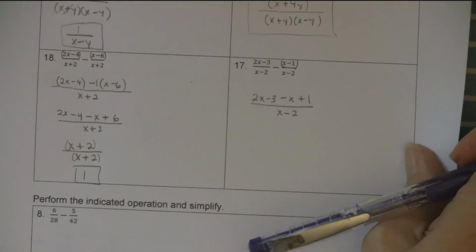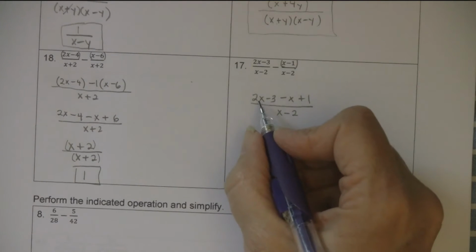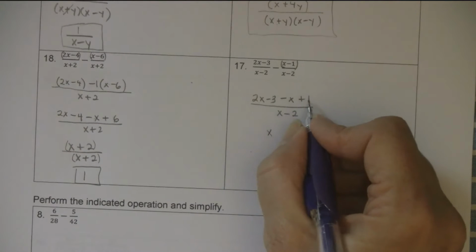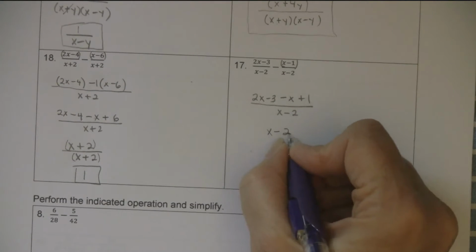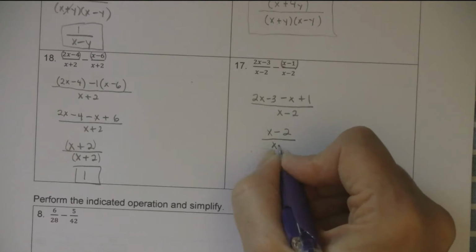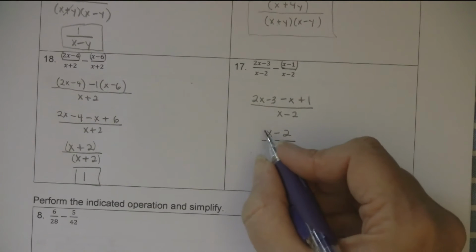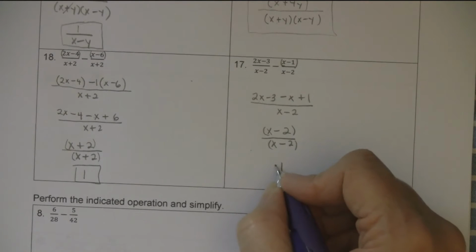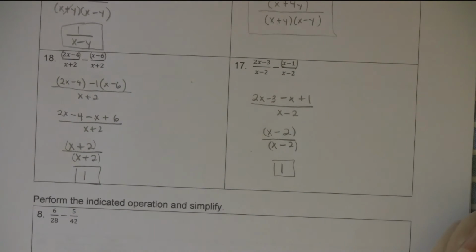Why did I do both of these? These are almost the same problem. 2x minus x is x. Negative 3 plus 1 is negative 2. I wonder about myself. And so these reduce with one another and give you 1 as well.